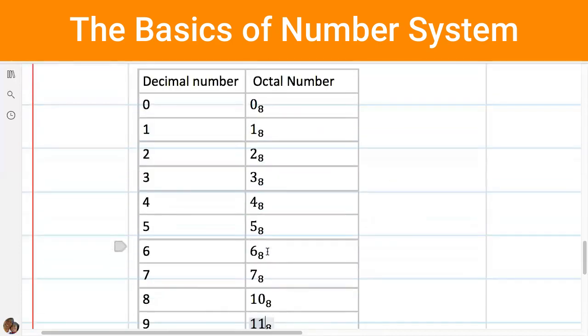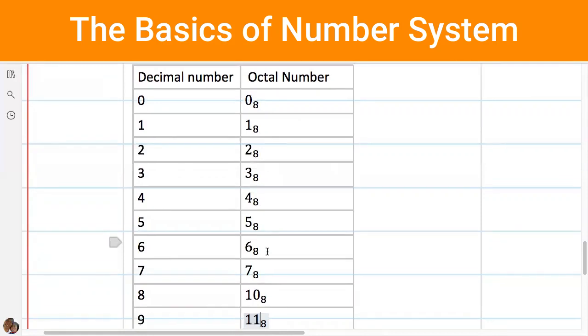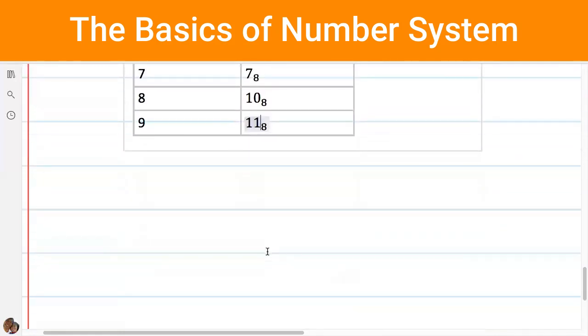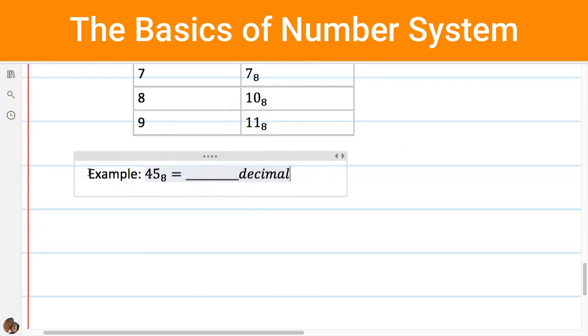Later on, we will do more of this as our example. Now let's try another octal number. Let's have an example. What is 45 in octal system equivalent to in decimal system?